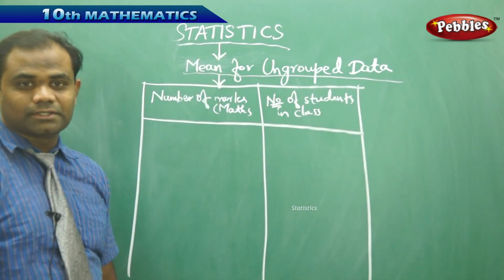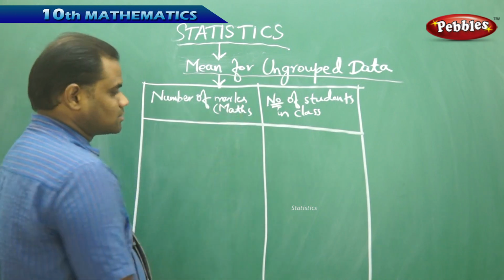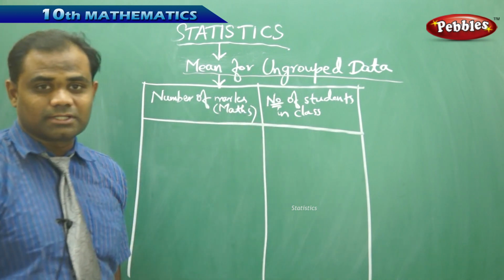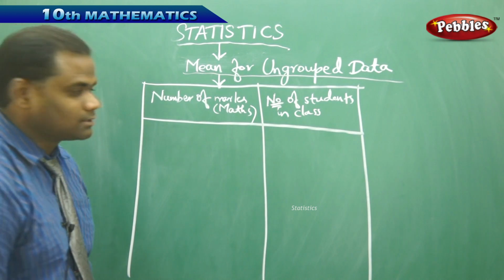This is how I differentiate the two columns: the number of marks obtained in max and the number of students in the class.